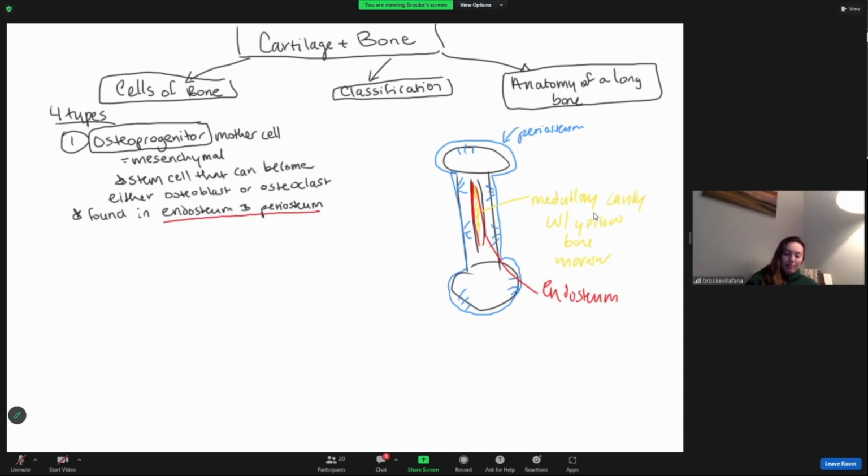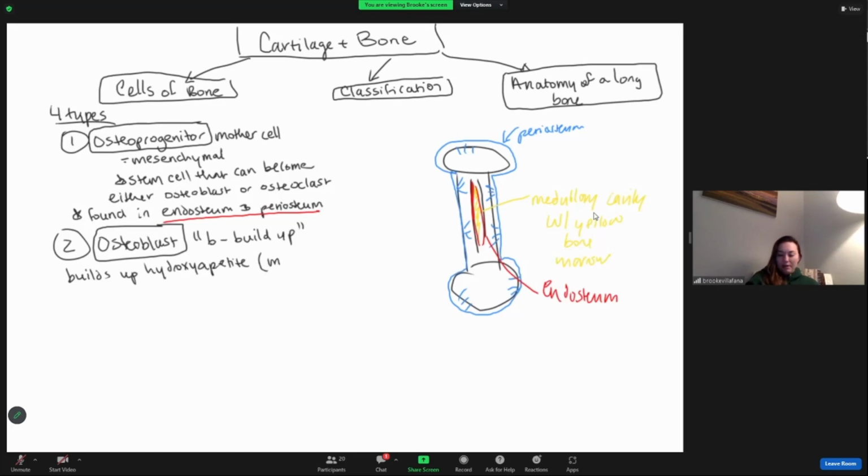The second type of cell in bone is the osteoblast. We can always think of the word blast as build up, right? What it builds up in bone is the hydroxyapatite. Remember, the hydroxyapatite is the matrix of bone.